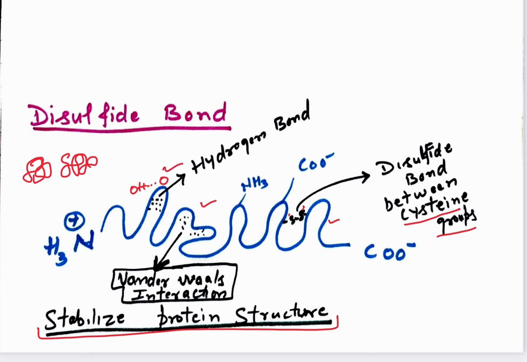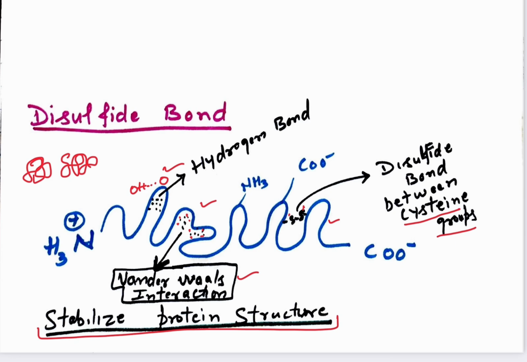A hydrogen bond can occur between these groups, and there are other types of bonds in the protein structure. This one is not a bond, it's just an interaction between different molecules that are popping out here. The Van der Waals interaction also dictates the shape of a protein.